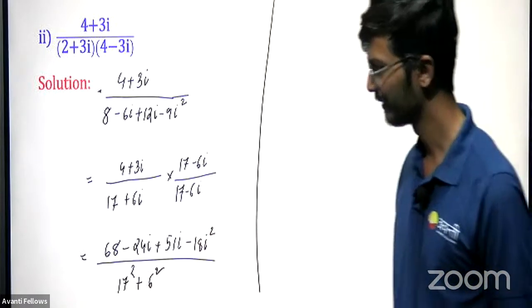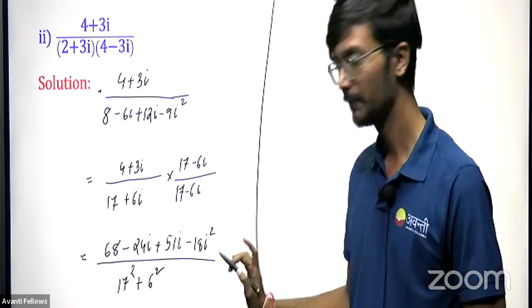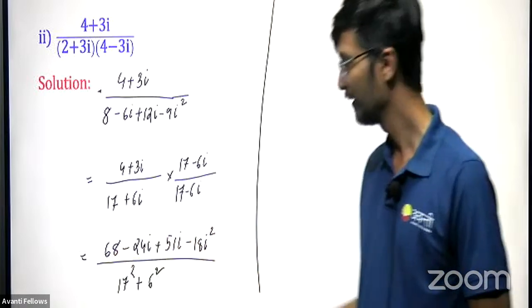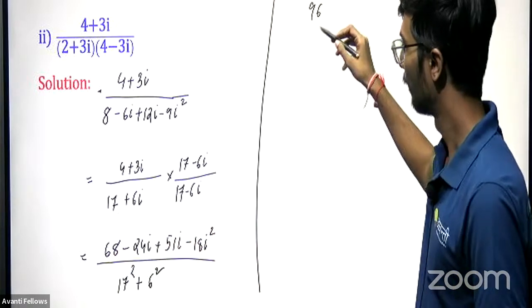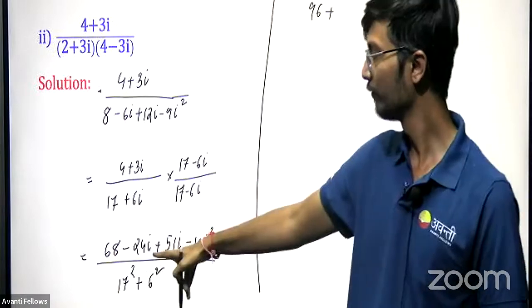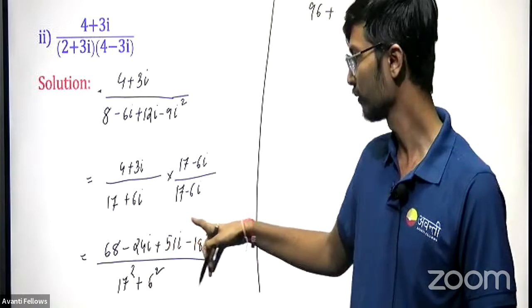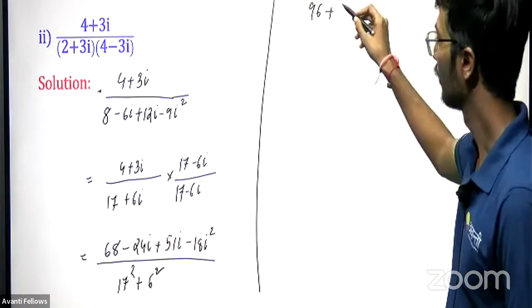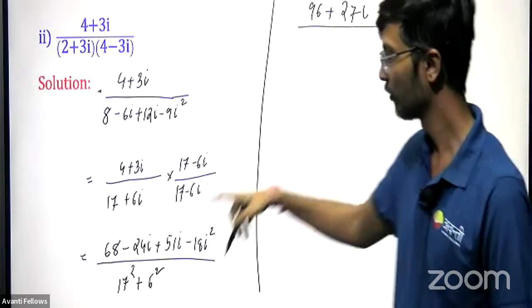Let's simplify the numerator. 18i square. i square is -1, minus minus plus. So I'll get 68 plus 18, which is 86, and minus 24i plus 51i, so I get 27i. And in the denominator, what is 17 square?